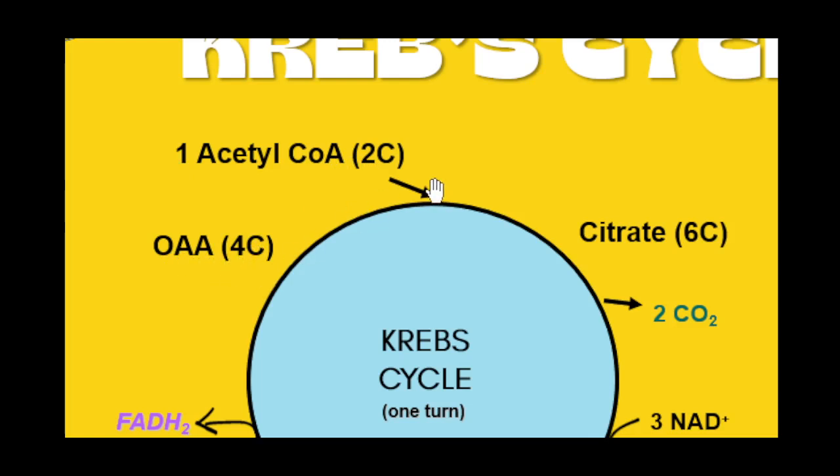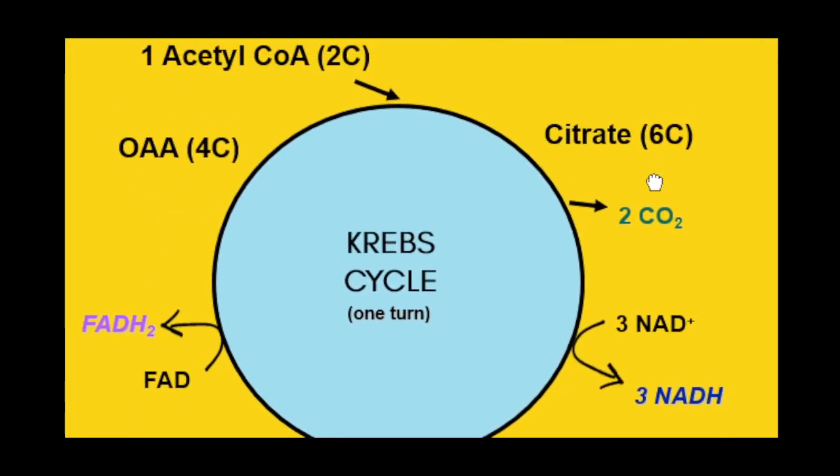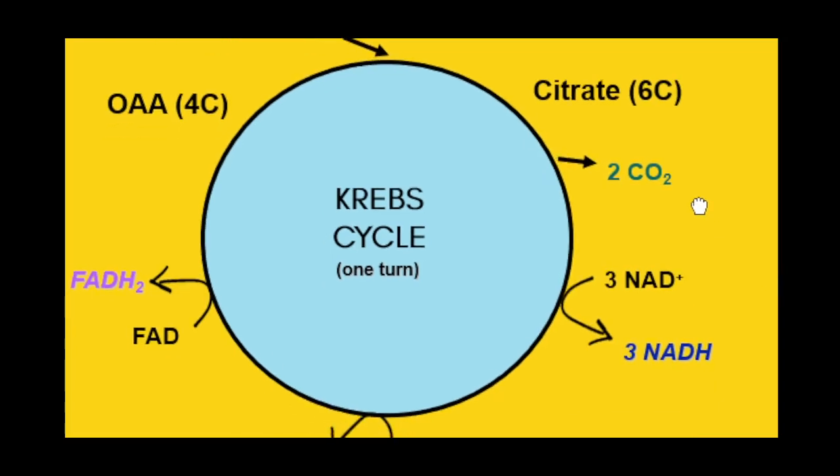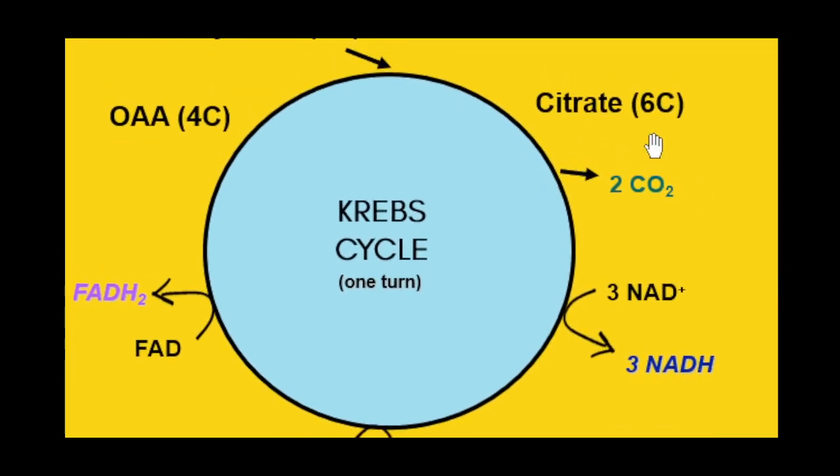So 4 carbons plus 2 carbons, you now have this product, citrate, which has 6 carbons. And then after that, 2 molecules of carbon dioxide will be given off. So we are left with how many? We're left with 4 carbons, right?